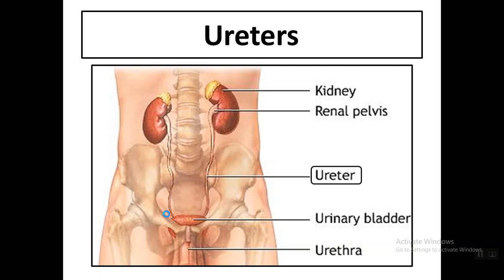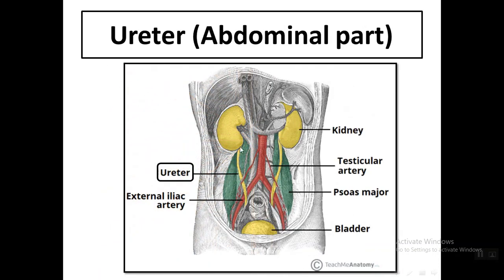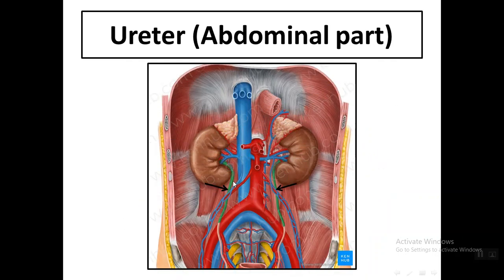It extends on the posterior abdominal wall retroperitoneally, covered by the peritoneum, and it reaches the pelvic brim, where it crosses the bifurcation of the common iliac artery, where it becomes pelvic. Here we can see that the abdominal part of the ureter is crossed by the gonadal vessel.